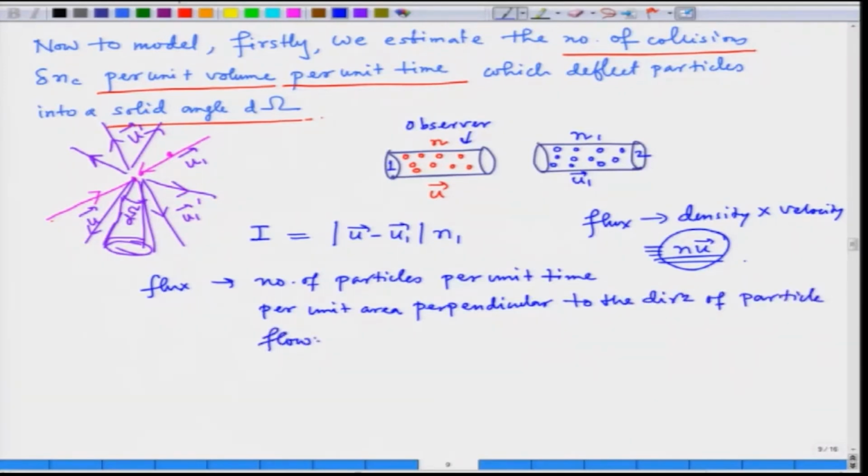That is the definition of flux. So, you can easily see that I, the flux of the particles experienced by every particle of this beam, will simply be this one. So now we understood what I is: the flux of particles from the incoming beam 2, as experienced by every particle of beam 1.